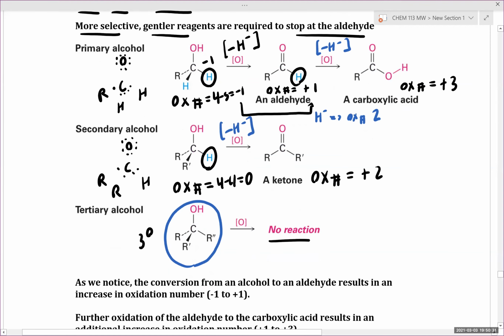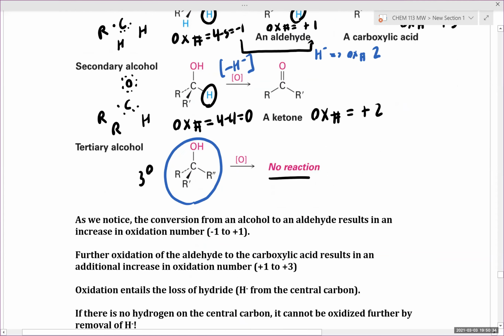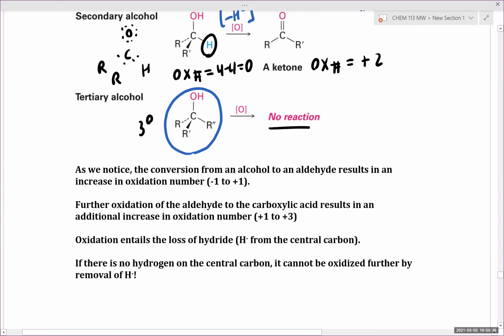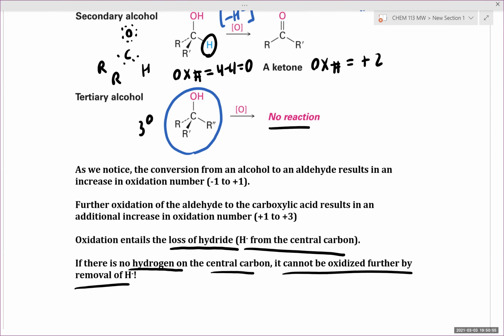So, one thing that we can conclude from this study: oxidation entails the loss of hydride, H-, from our central carbon. If there's no hydrogen on the central carbon, it cannot be oxidized further by removal of hydride. Does that make sense to everyone? This is another explanation for why tertiary alcohols do not undergo direct oxidation.